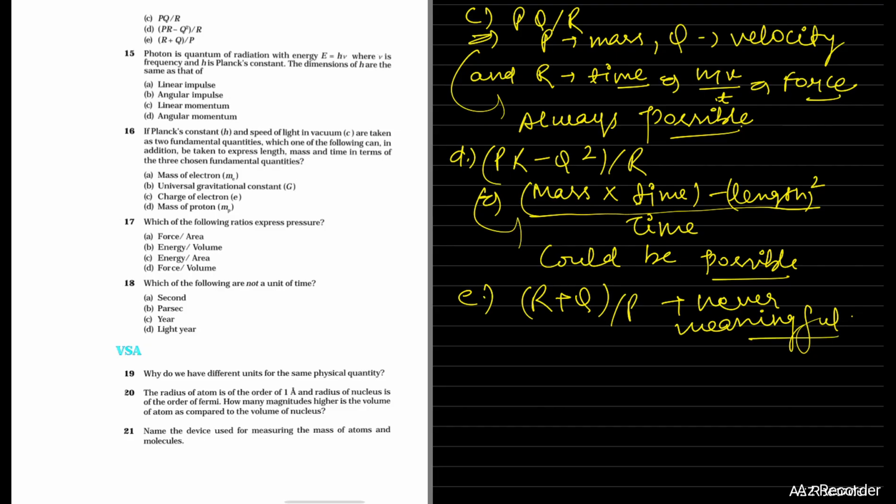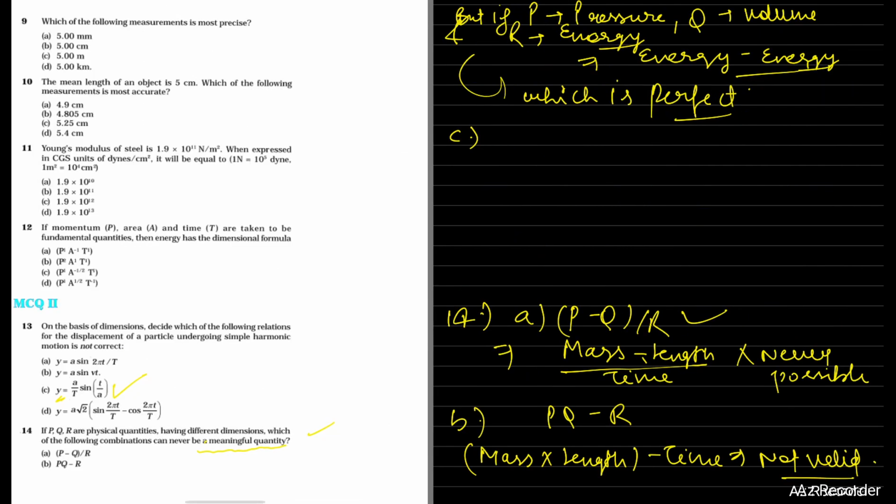So we can say that option A and option E are not possible. So E and A both are identical.